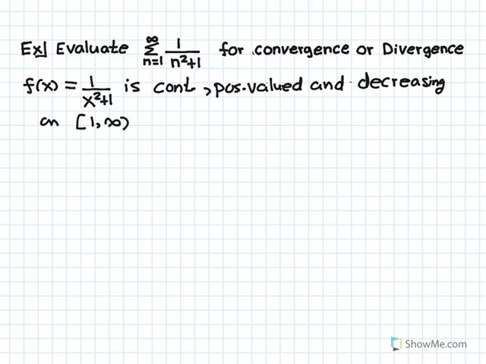Why is it decreasing? Because in the denominator we have a quadratic function, and in the numerator we have the constant 1. So definitely the ratio is going to decrease as x goes to infinity.